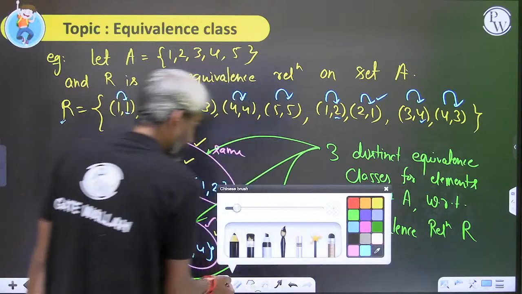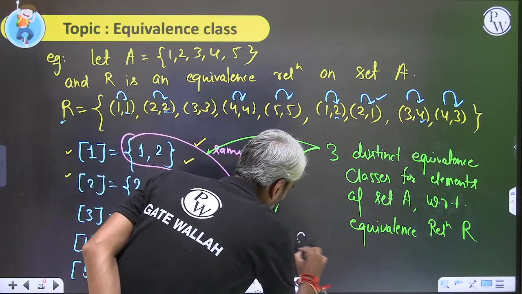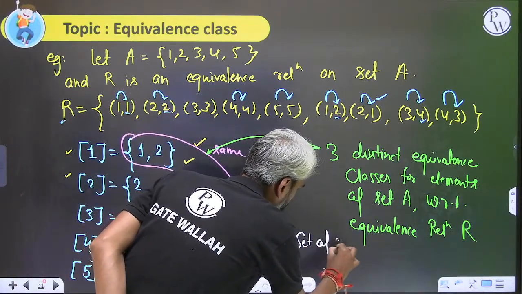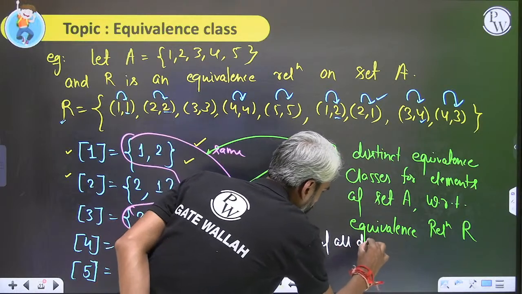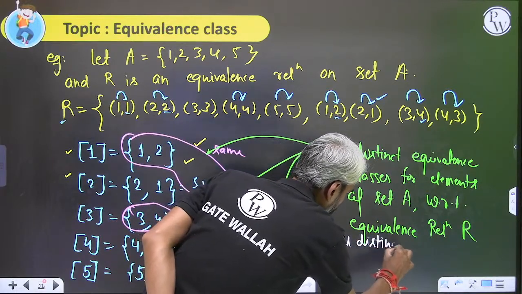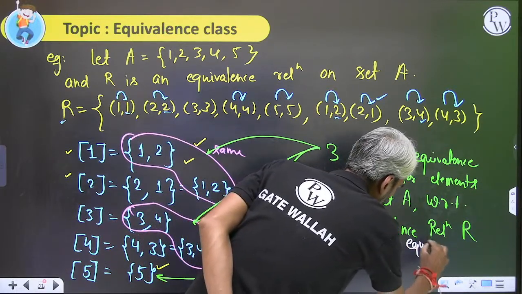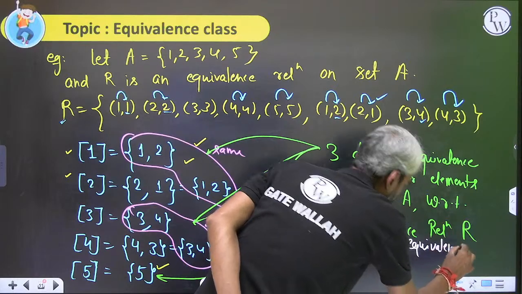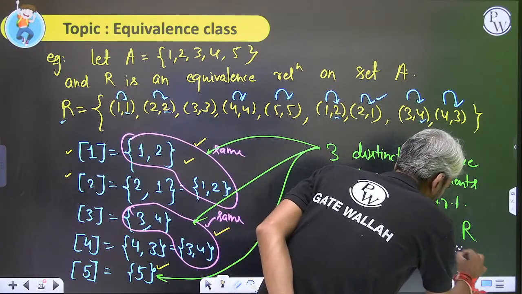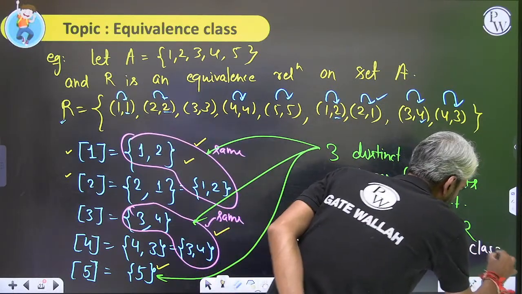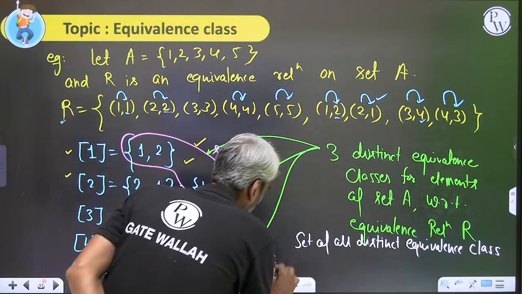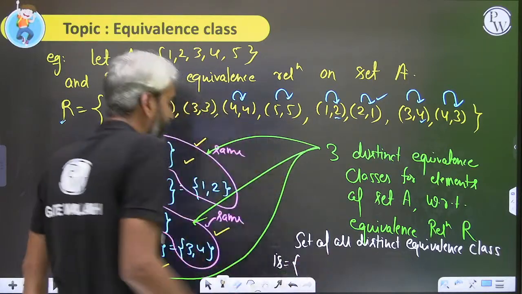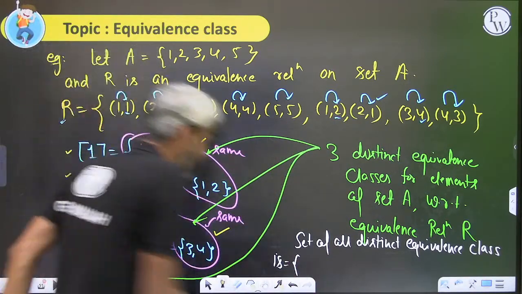Okay, sir. The set of all distinct equivalence classes: one distinct equivalence class is {1, 2}.